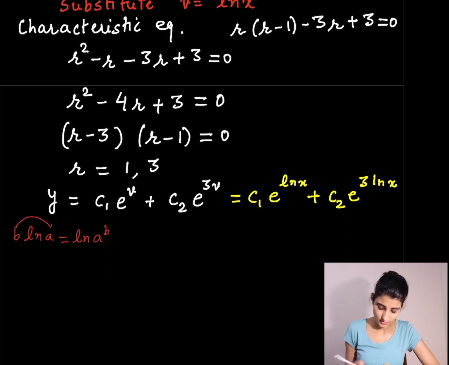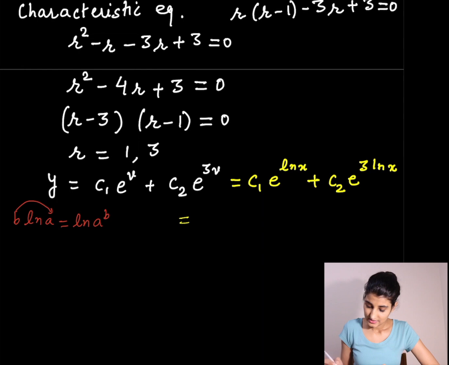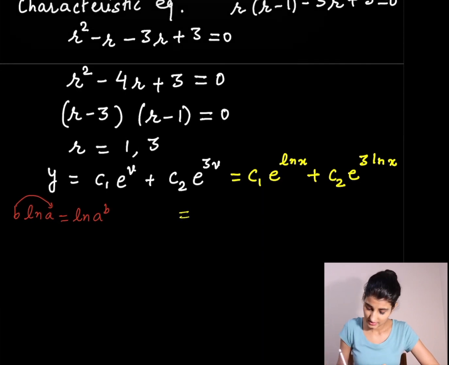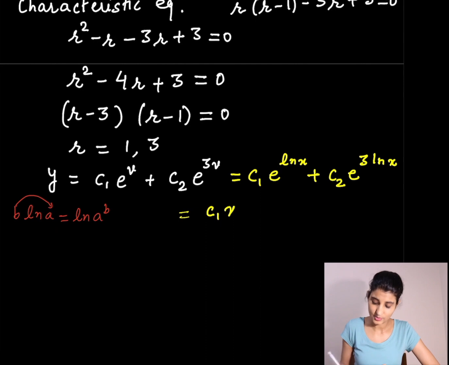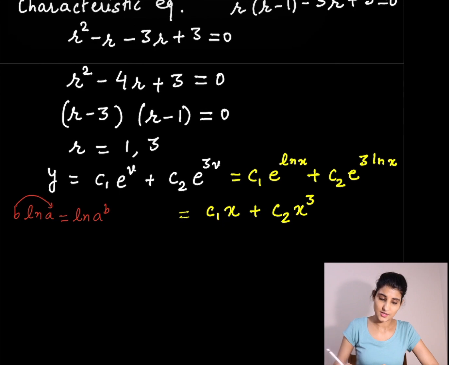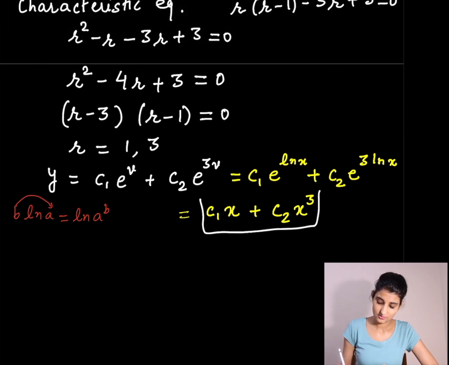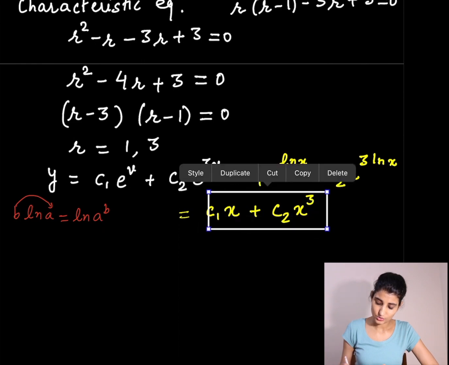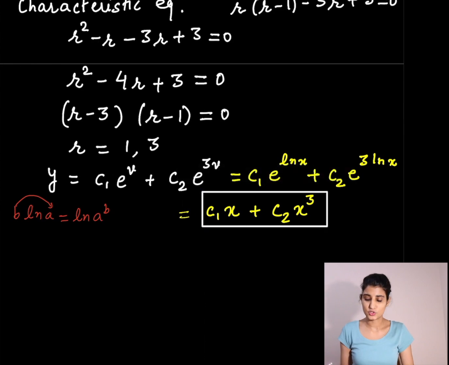The b comes in the power. So this is equal to c1 x, because exponential and natural log are inverses of each other, plus c2 x cube. And this is our answer. So if you know how to solve equations with constant coefficients, then working with Euler equations is very simple.